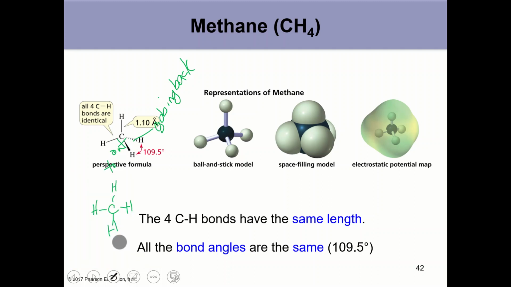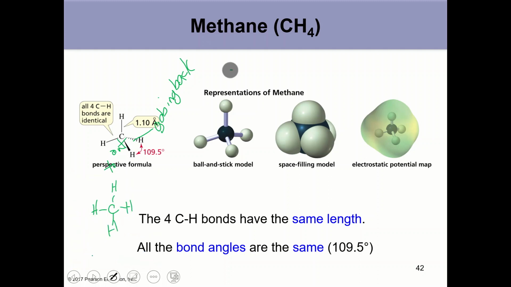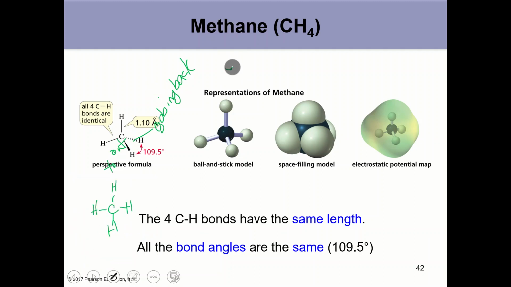Let me write out these names. So the dashed bond is called a hash, and it's going back in the plane.